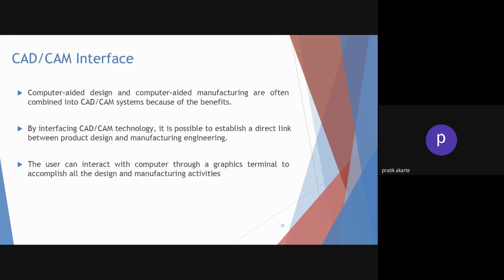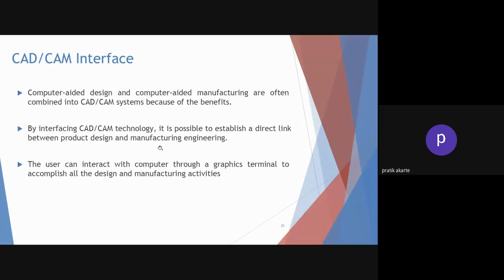So the CAD CAM interface combines all these things together to have a better product life cycle. By interfacing CAD CAM technology, it is possible to establish a direct link between product design and manufacturing engineering.